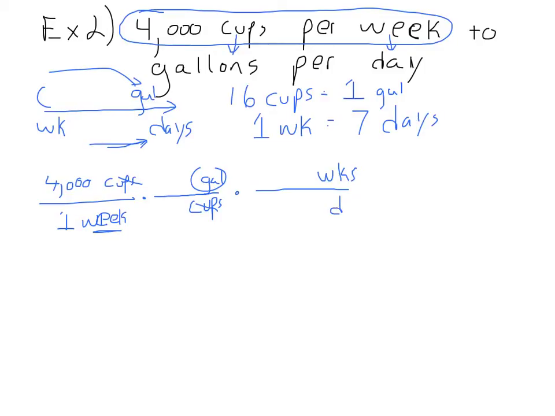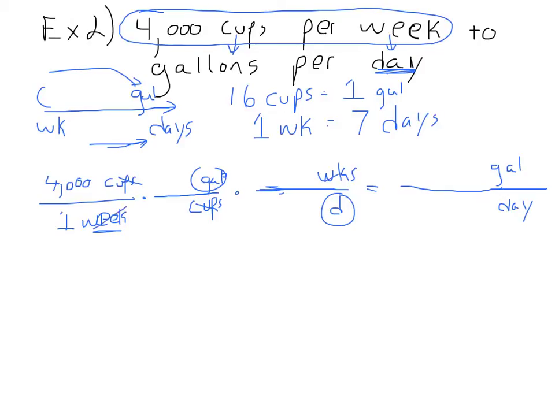We had days. Days is what we want, that's what we want the final answer to be. So now we're going to have gallons per day. Again, we can even write this out here: gallons in the numerator, day in the denominator, so that ends up being gallons per day. Now we can fill in our units.